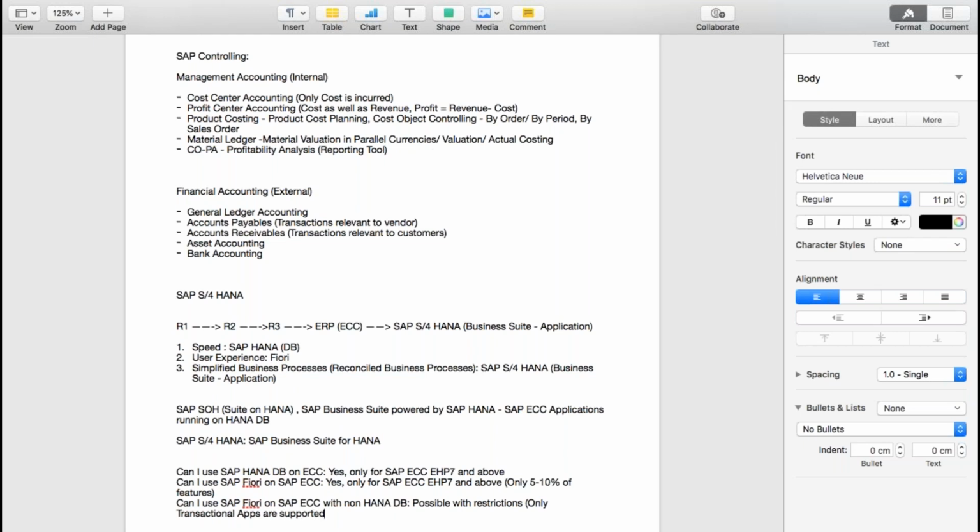The restriction is that only transactional apps are supported. You will not be able to perform any analytics without HANA database. So although practically possible, out of this 5-10%, now you are left with only 2%. So I can use Fiori, but only 2% of the actual benefits that I'm going to get with S4HANA.